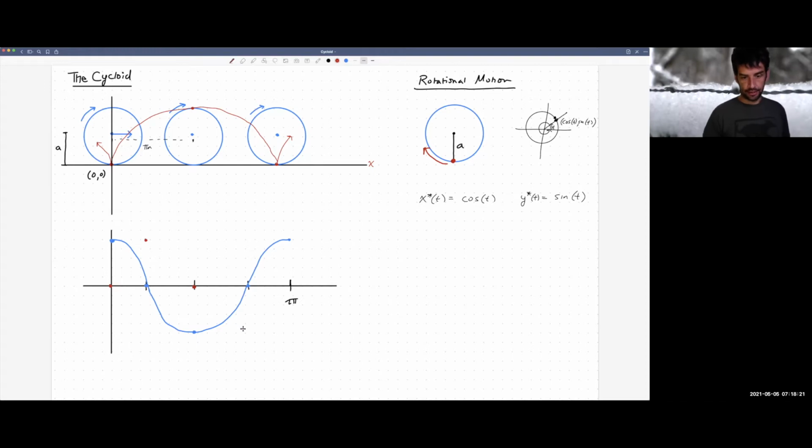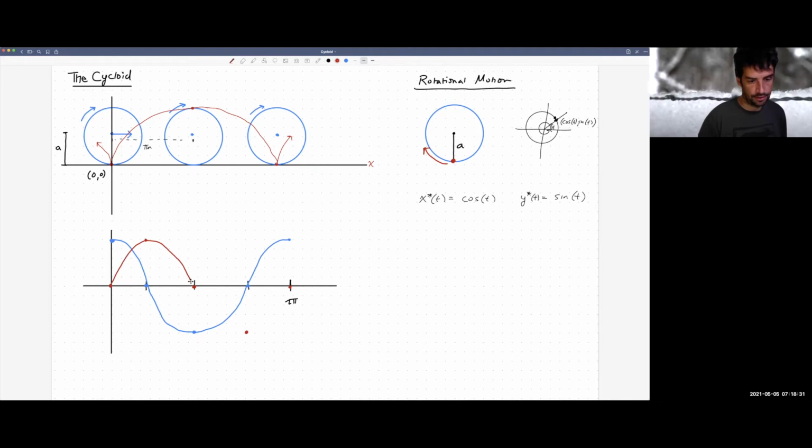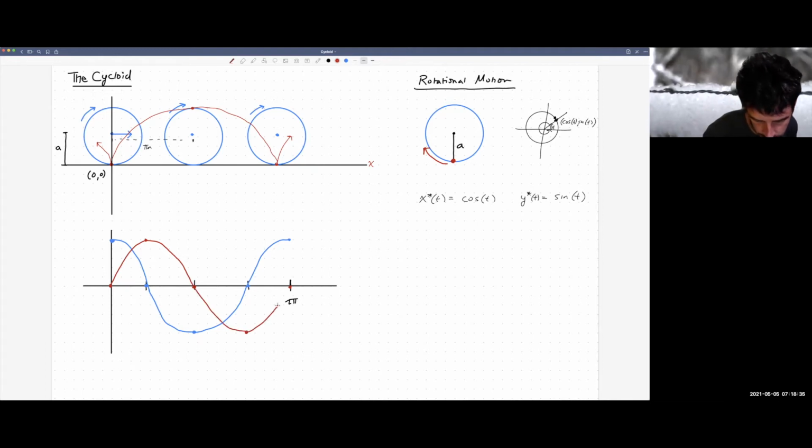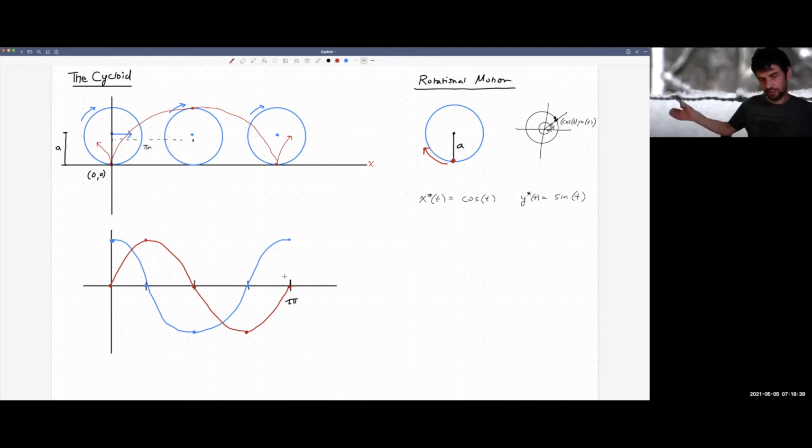It's back to 0 here. Hits its minimum, and then back to 0. And so it looks something like this. Okay, so I've drawn one period of these two things, and this will be enough to help us out here.